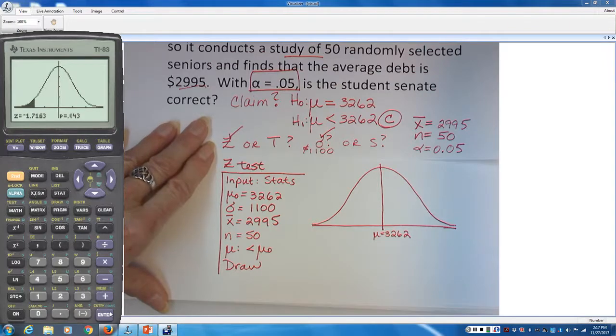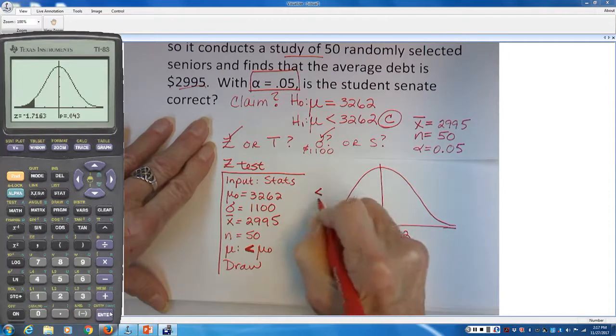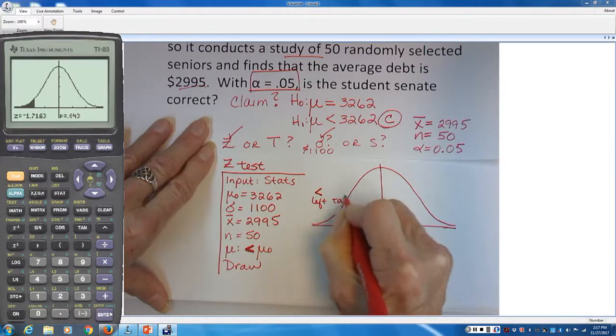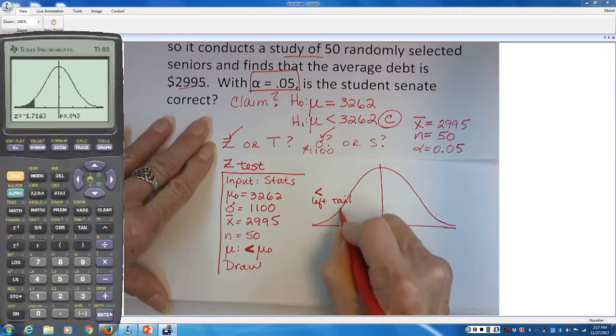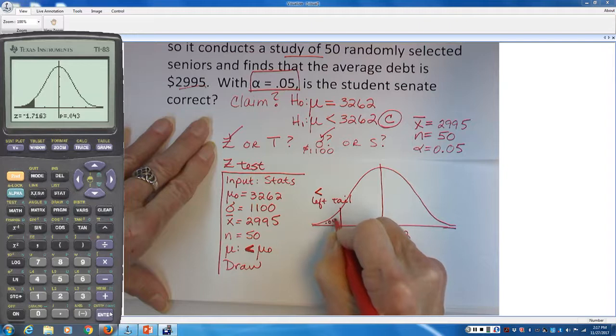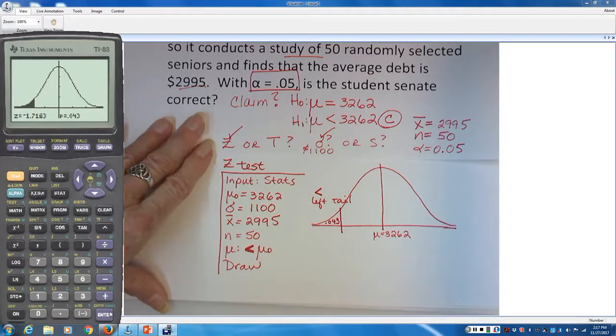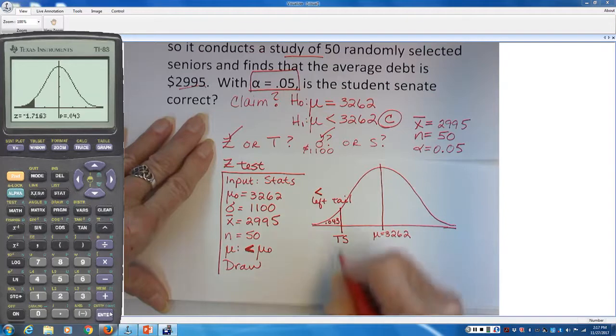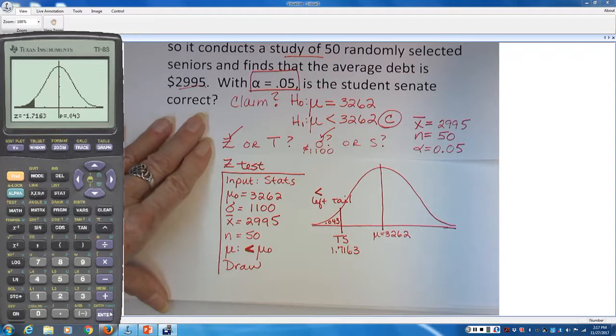The p-value that they gave us is in the left tail, which it should be because it's less than. And the area that's in the left tail is 0.043. And our test statistic is 1.7163. So that's what the calculator has told you.